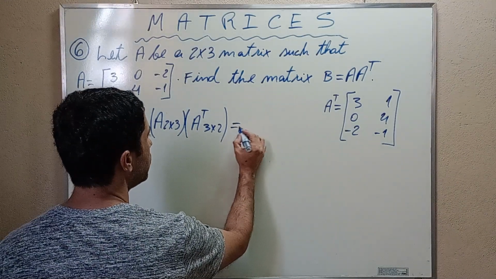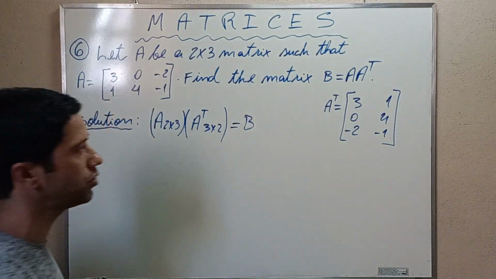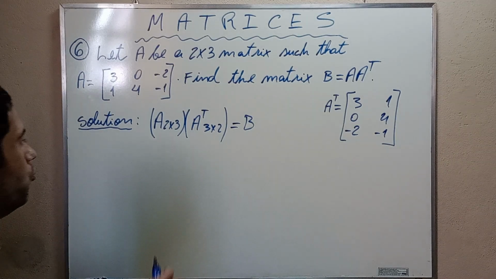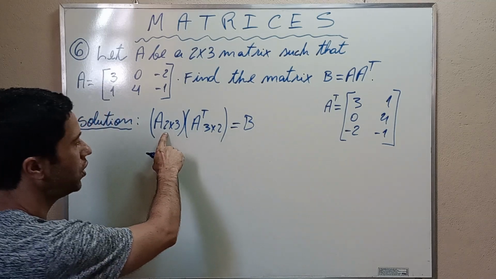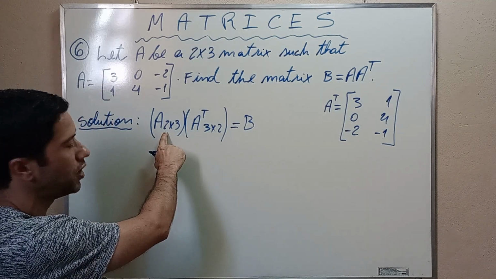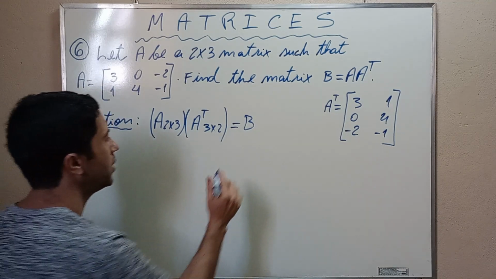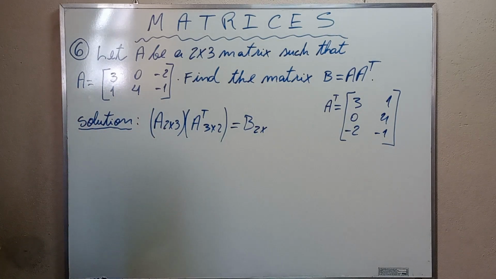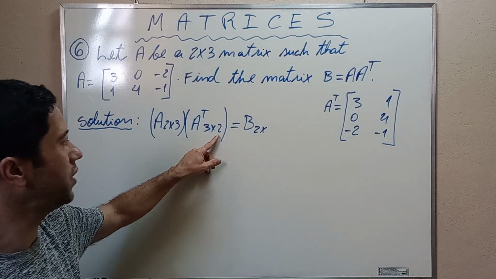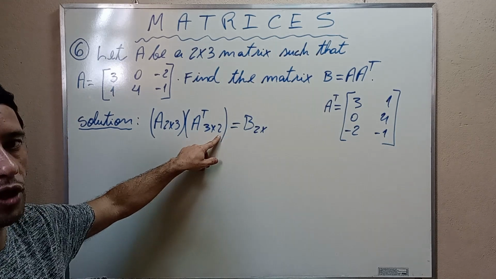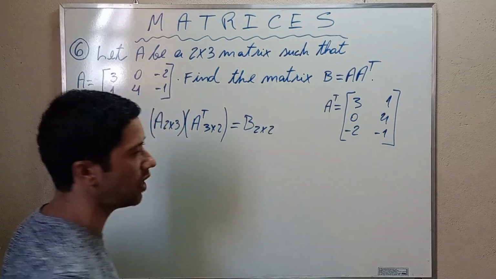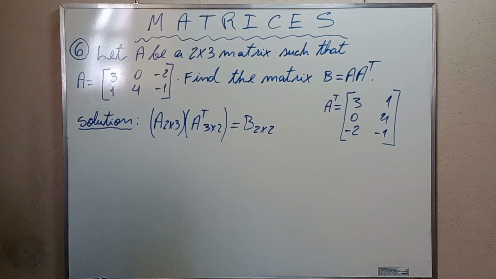We have matrix B resulting from this multiplication, and the number of rows of B is going to be the same as the number of rows of the first matrix, and the number of columns of B will be the same as the number of columns of the transpose of A. Then matrix B is a 2 by 2 matrix.